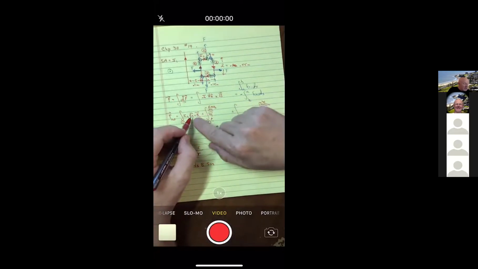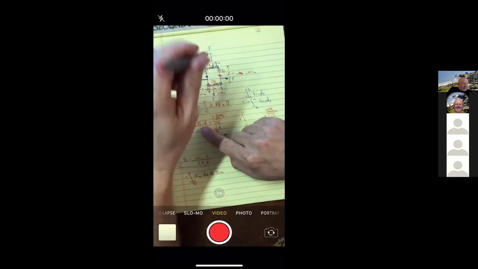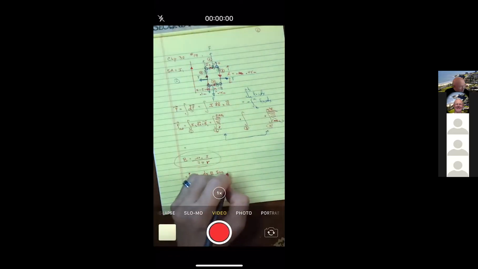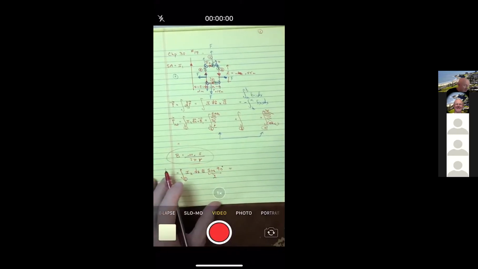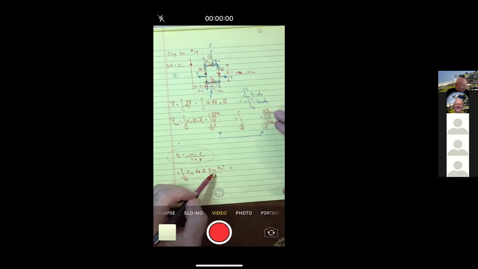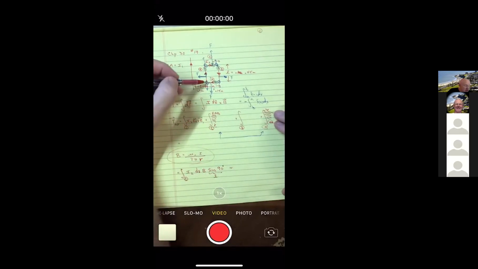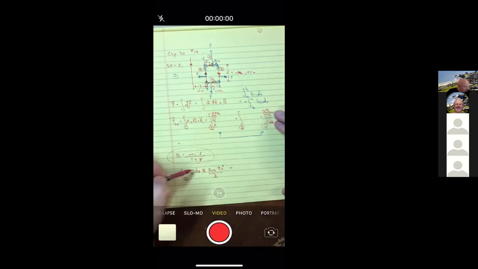And as we already said, the current is going up and the field is going down, so that would be 90 degrees. And of course, the neat thing about sine of 90 degrees is it's 1. And so not only is it 90 degrees, it doesn't change along this whole integration.